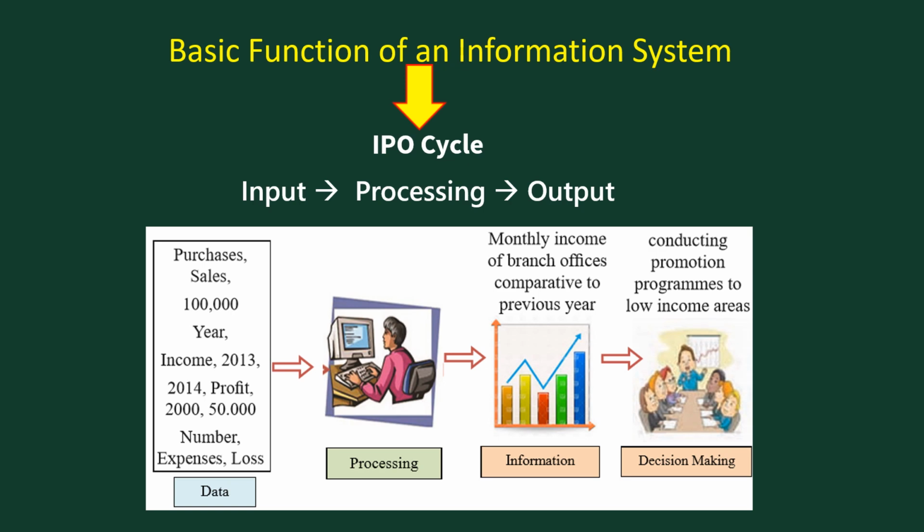They can find out which branch has the lowest income and which has the highest. So, the ultimate decision they can take is conducting promotion programs in low income areas. So, this is very useful information to make a decision, which means quality information.